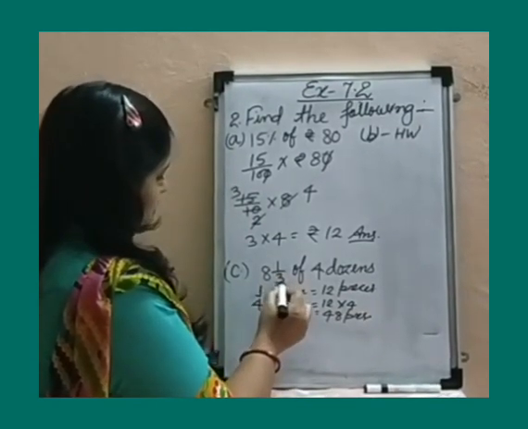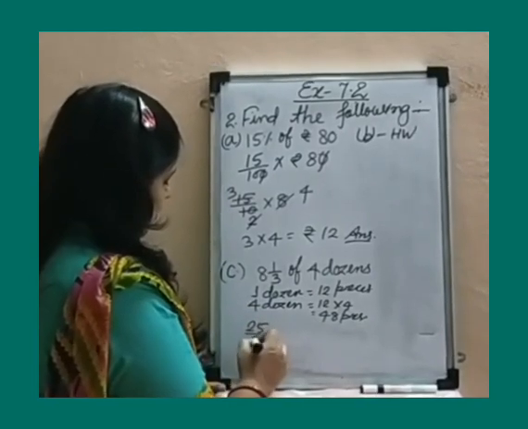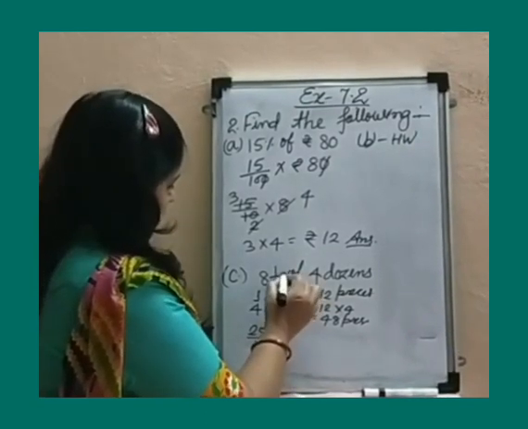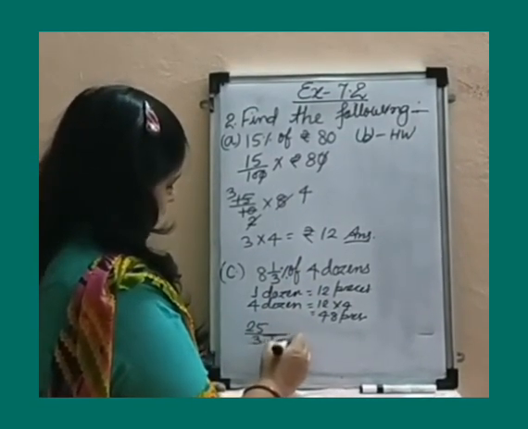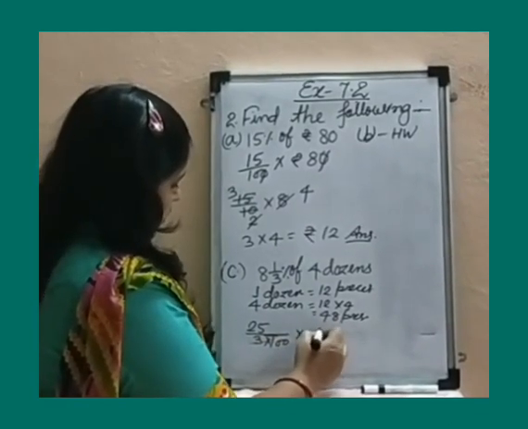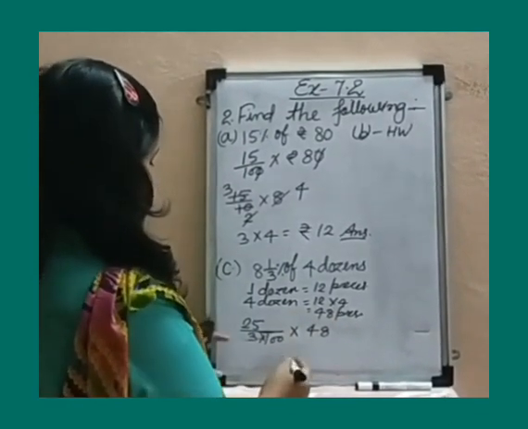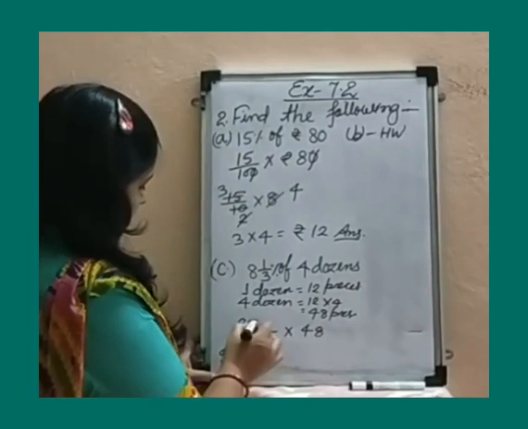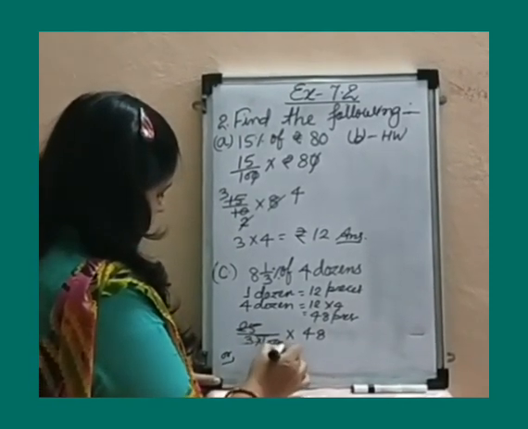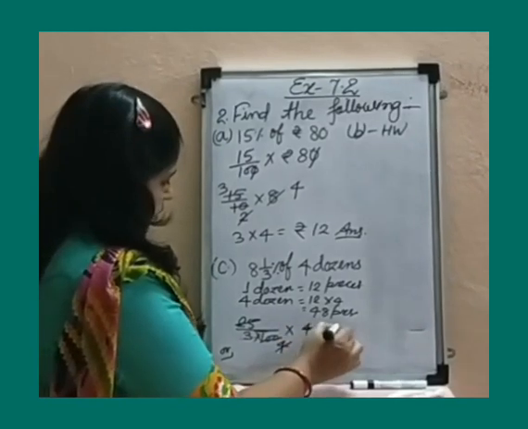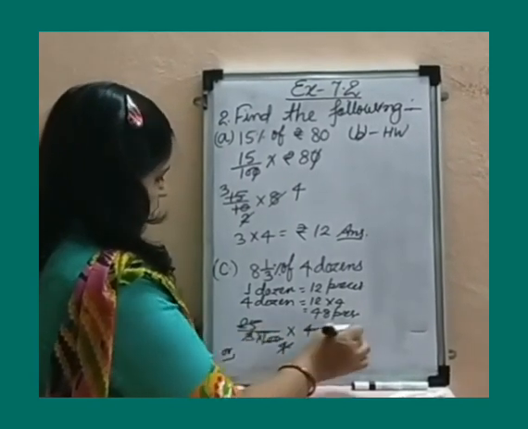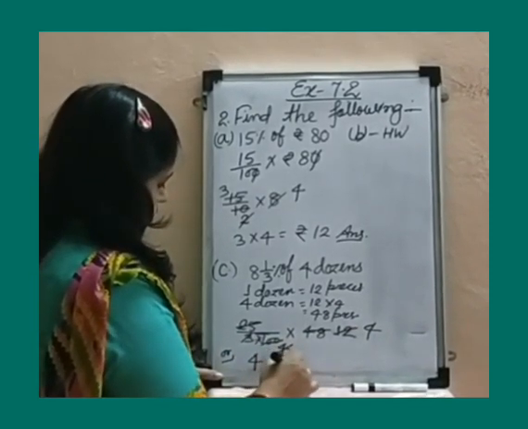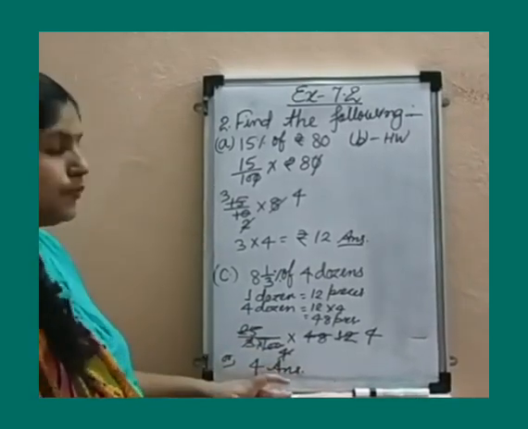It means 8 3s are 24 and 1, 25 upon 3 percent of 48. 25 upon 3 upon 100 into 48. 25 4s are 100, and 4. So 4 is the answer.